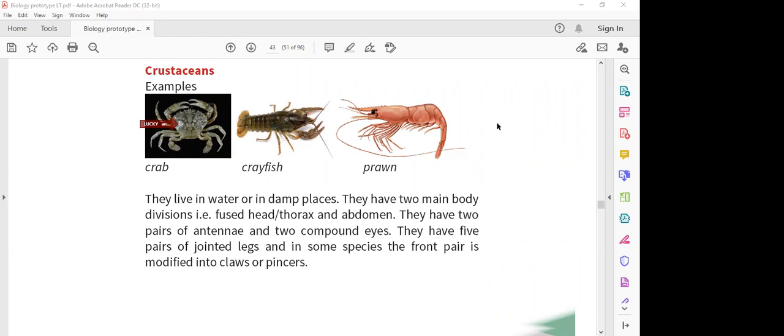If you have kept water in a tank for some time, there are certain creatures you see there, white creatures you find at the bottom of the water tank. Those are mostly water fleas. They look a little bit white in color.